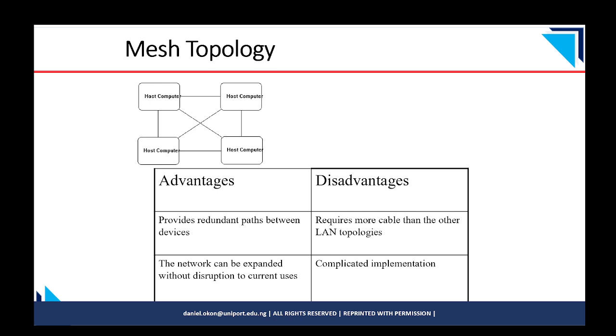When you are sending a message to www.google.com, they always like using mesh. So in Google servers, everything on this computer is also on this computer. All the computers are backing up themselves.